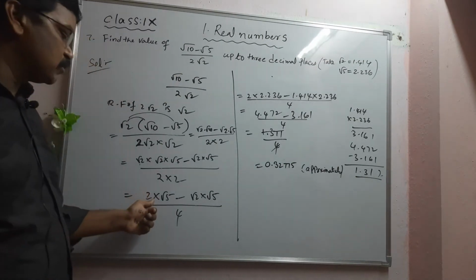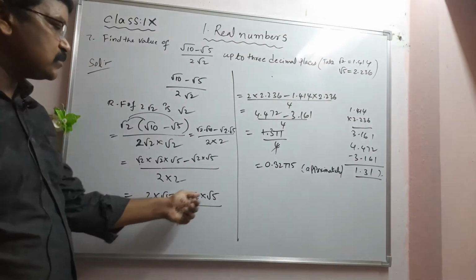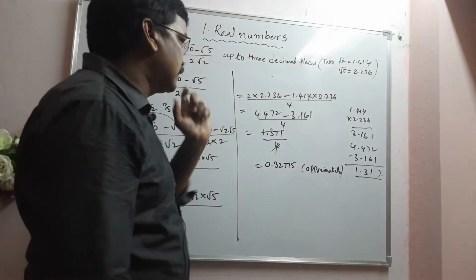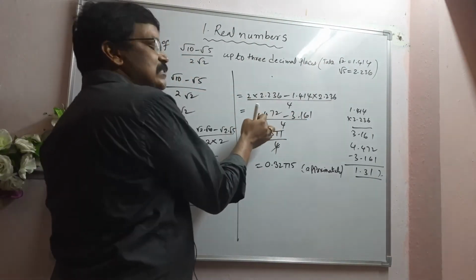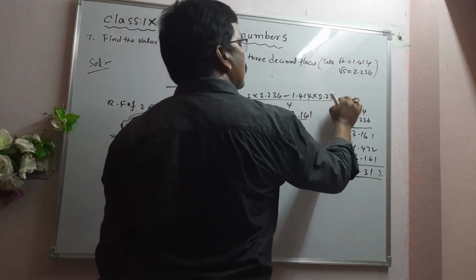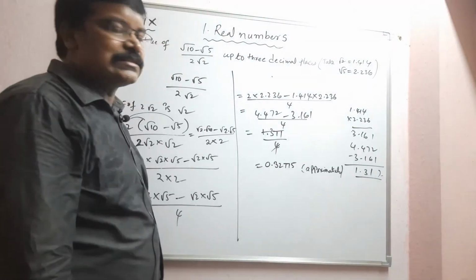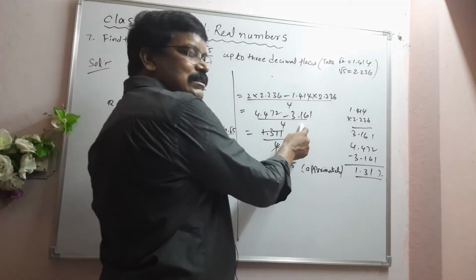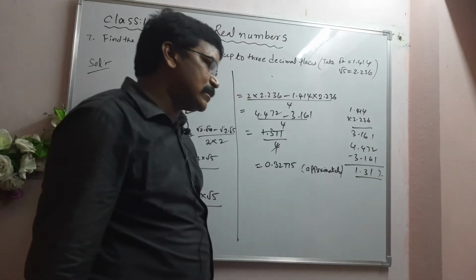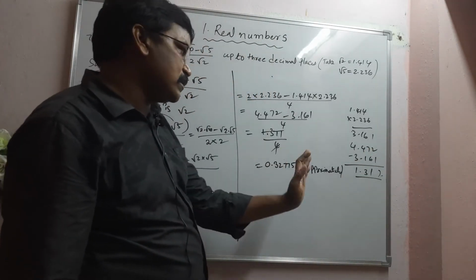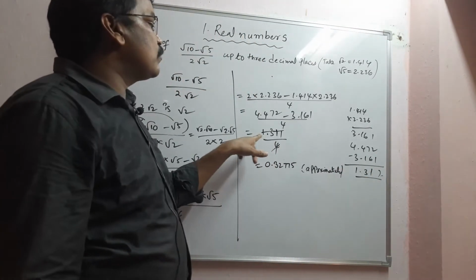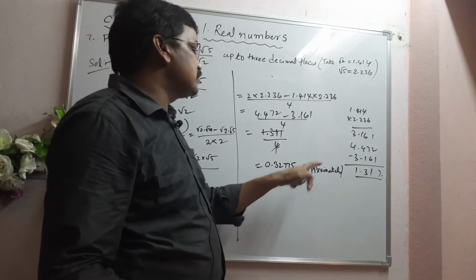That means 2 times 2.236 minus 1.414 times 2.236. So 2 times 2.236 is 4.472, minus 1.414 into 2.236, which is 3.161. Now subtract 3.161 from 4.472; that difference is 1.311. Divided by 4, it is 0.32775.